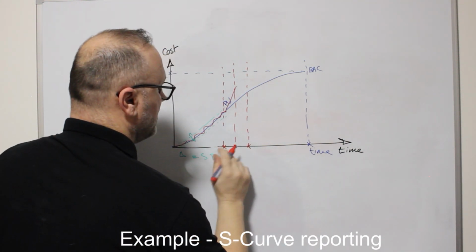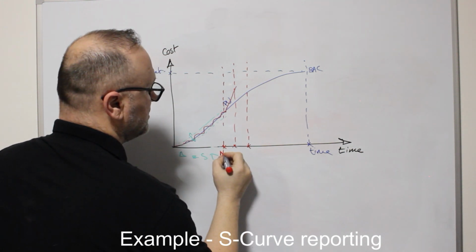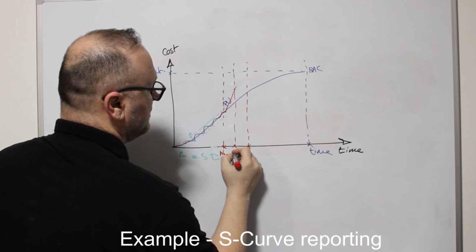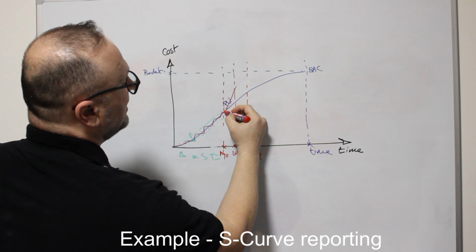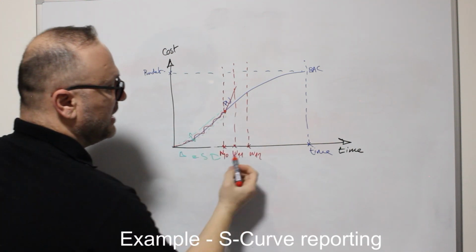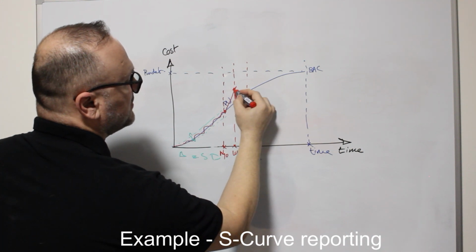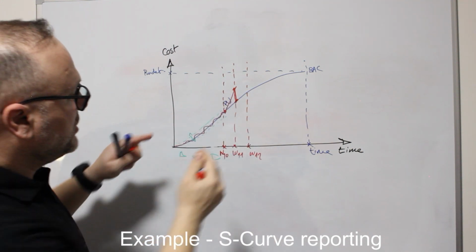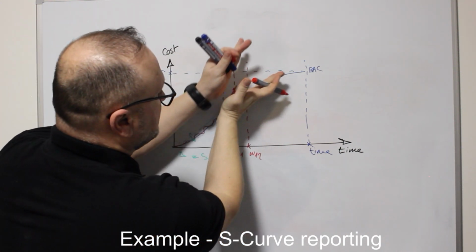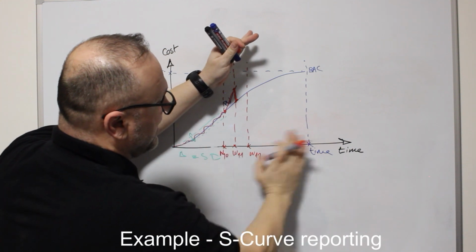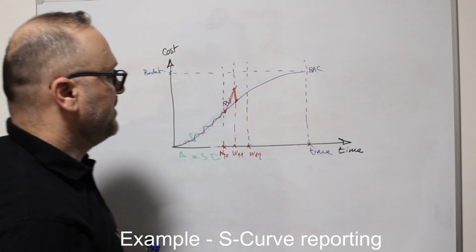So let's say week 10, this is week 11, this is week 12. In week 10, we are on schedule. In week 11, we are saying, okay, there is some risk here, and the project is going to deviate. And you can see as far as we go, the deviation is getting higher.